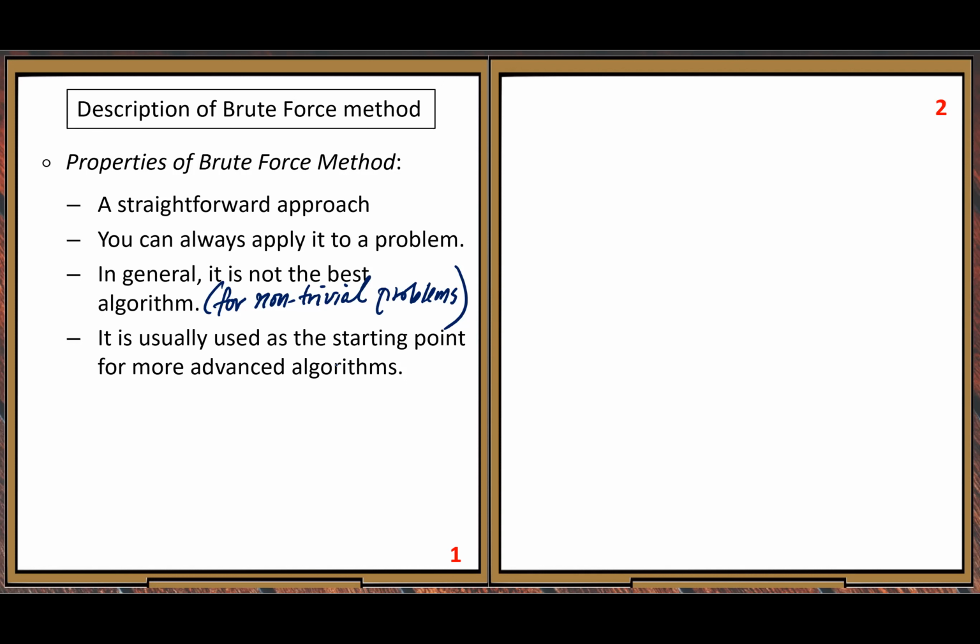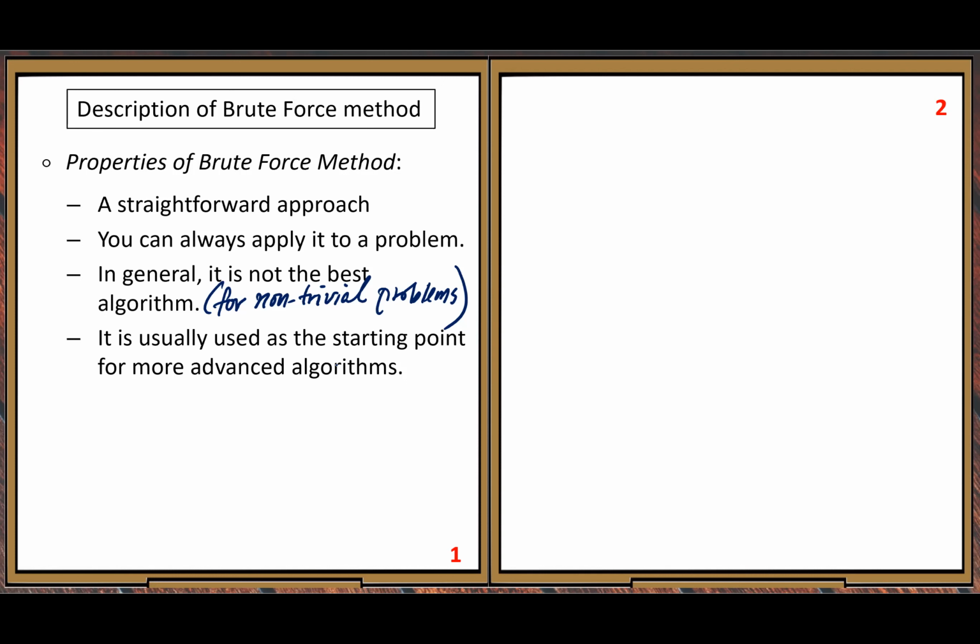Because when we have a relatively hard computing problem, at the beginning, we do not have any idea how to get started. Most people have this kind of feeling. At the beginning, we do not have any idea how to get started.